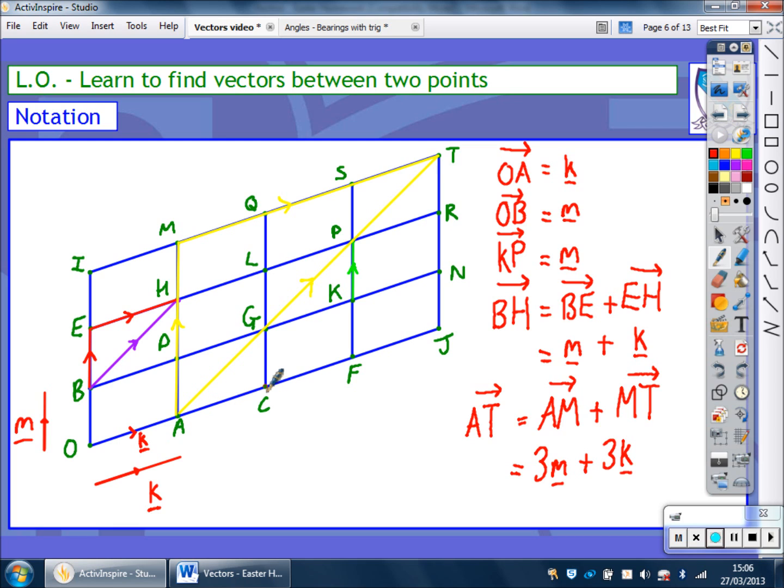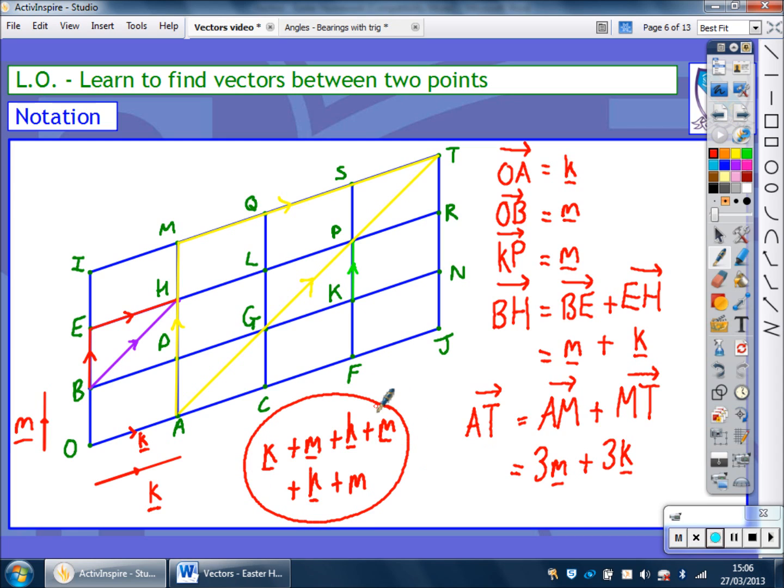A to C is K. C to G is M. G to K is K. K to P is M. P to R is K, and R to T is M. And if I simplify all of that, collecting the like terms, that is equal to 3M plus 3K, which is equal to what I've already got for AT.